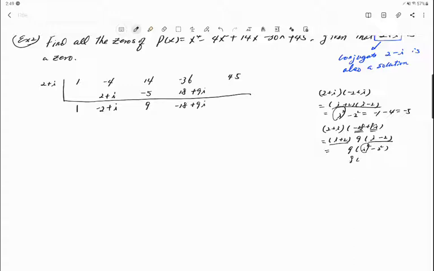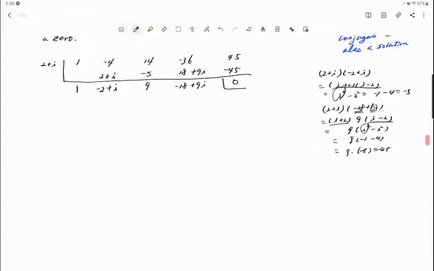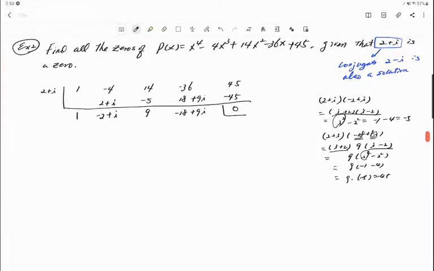This is negative 1 minus 4, so negative 5. 9 times negative 5 is negative 45. So the result is negative 45, which cancels to 0. Since 2 plus i is a solution, 2 minus i is also a solution.